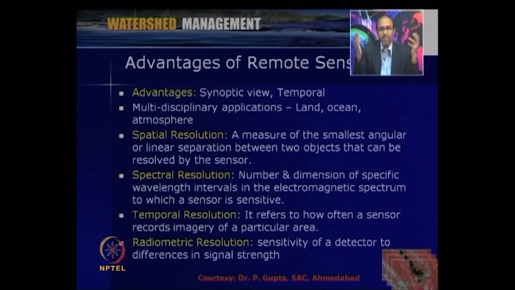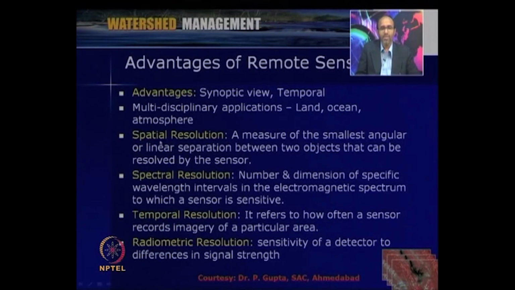Now, within the perspective of remote sensing data, a few terms like spatial resolution, spectral resolution, temporal resolution, and radiometric resolution are important. Let us look into the definitions of these terms. Spatial resolution means a measure of the smallest angular or linear separation between two objects that can be resolved by the sensor.